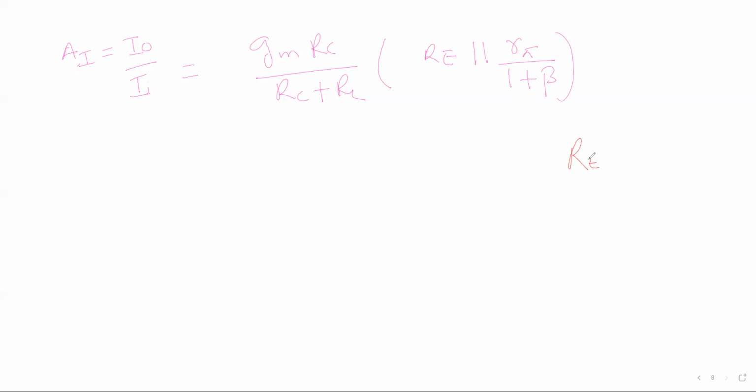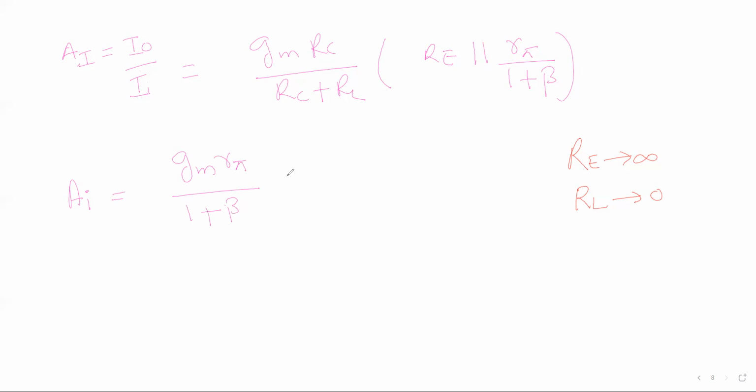Okay. Now if we consider Re tending towards infinity and RL tending towards 0, in that case Ai would be gm R pi upon 1 plus beta.